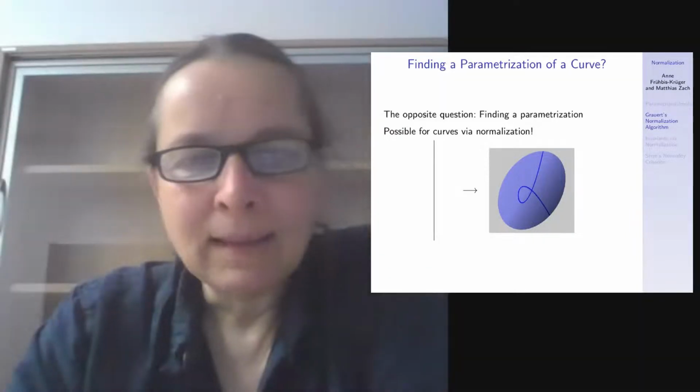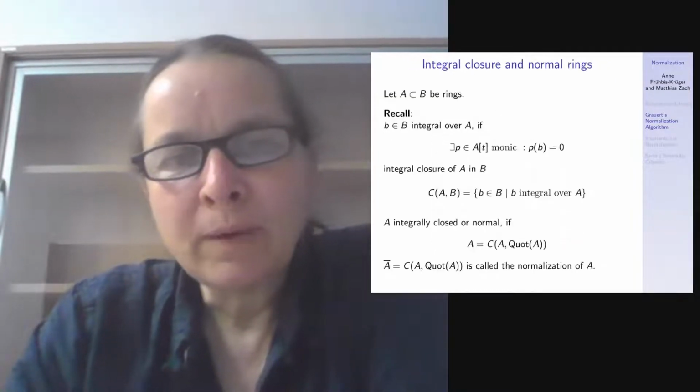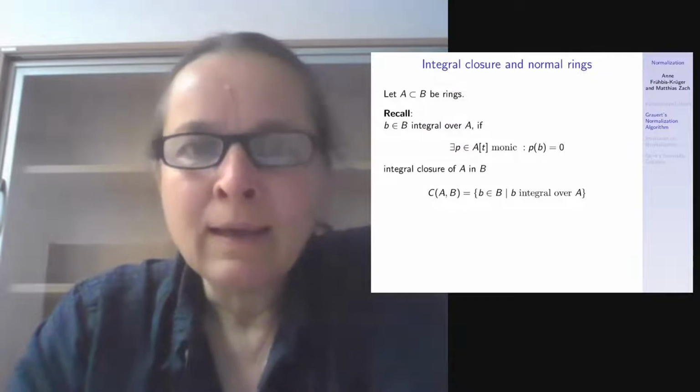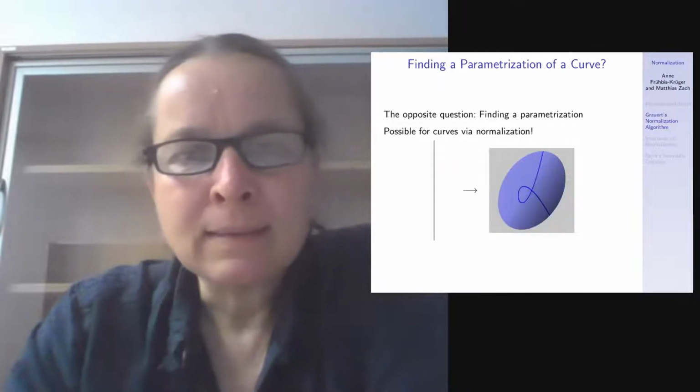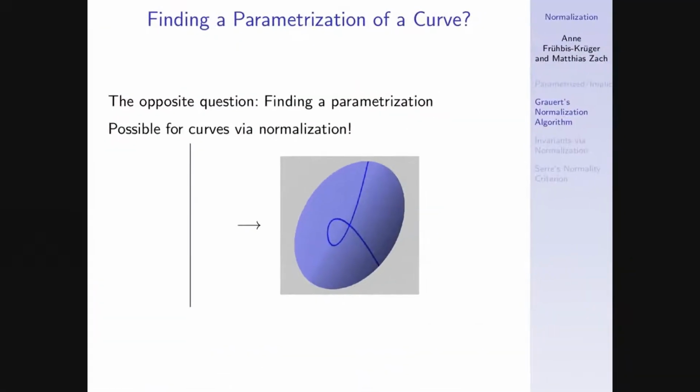And at that point, we found the equations for parameterization. But we also sometimes are dealing with the fact that, for example, for a curve, we would like to have a parameterization. In general, of course, it's not so easy to have something like that.